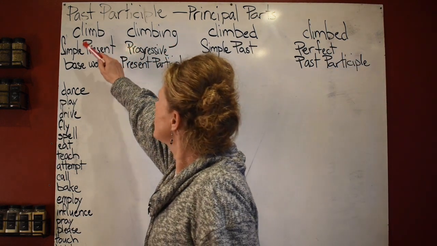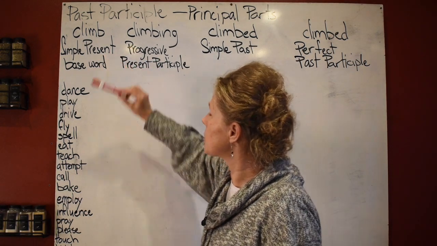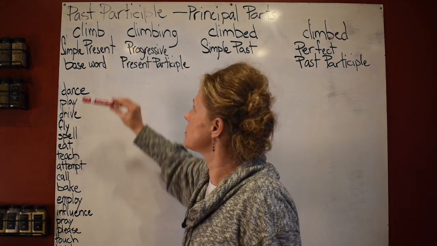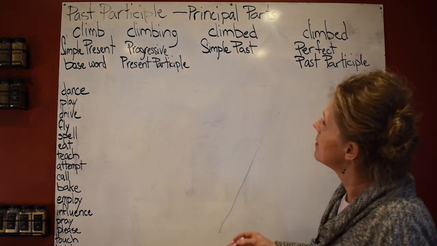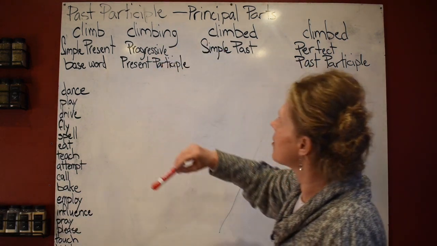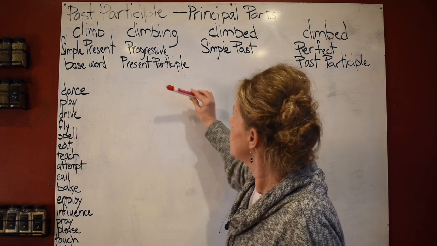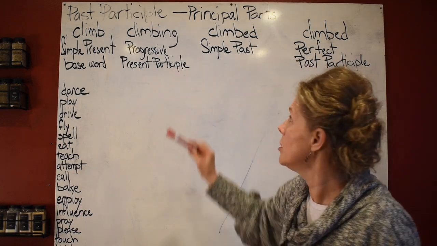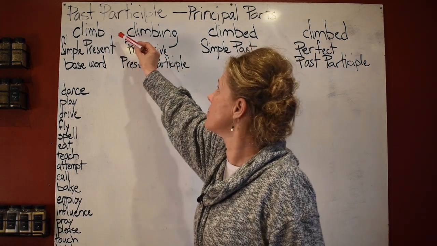So now if we look at the word climb, we're putting it in the simple present, and climb is your base word right here, sitting all by itself. But if we want to put it in the progressive, which is your present participle, you add the ing, but you have to have an auxiliary verb here.